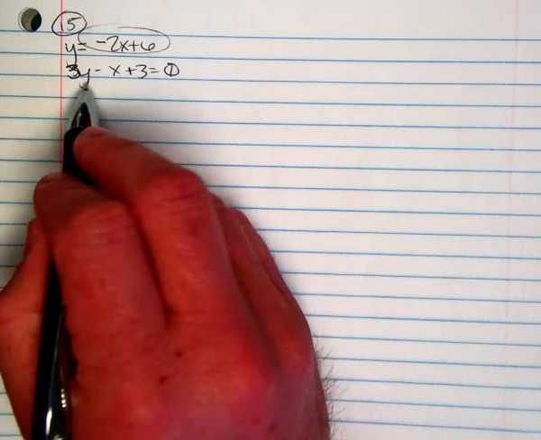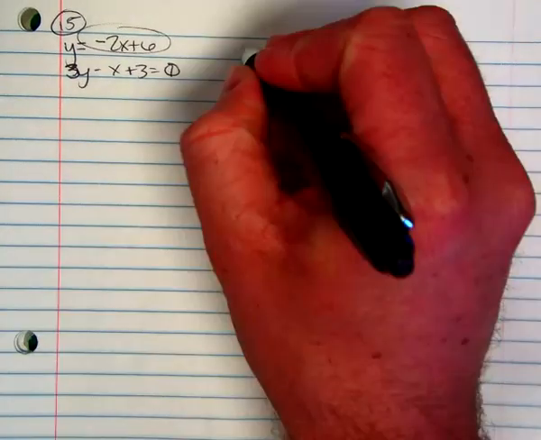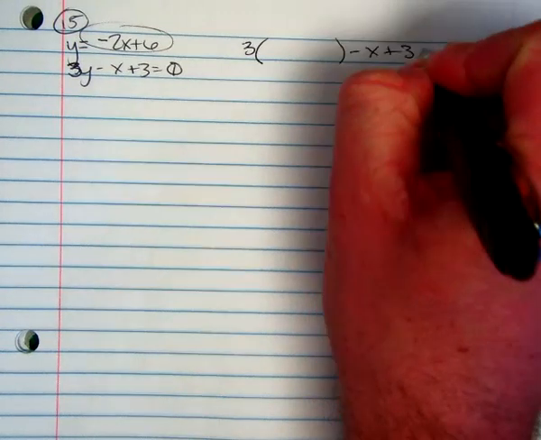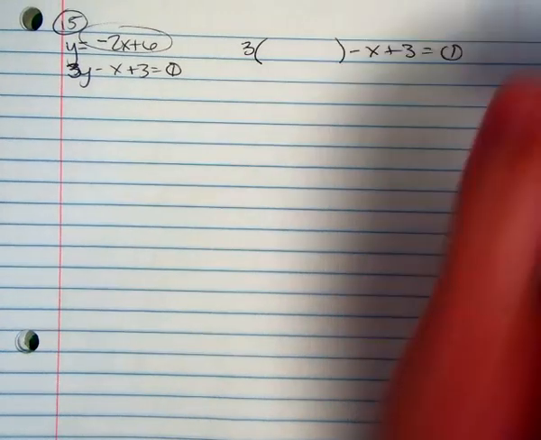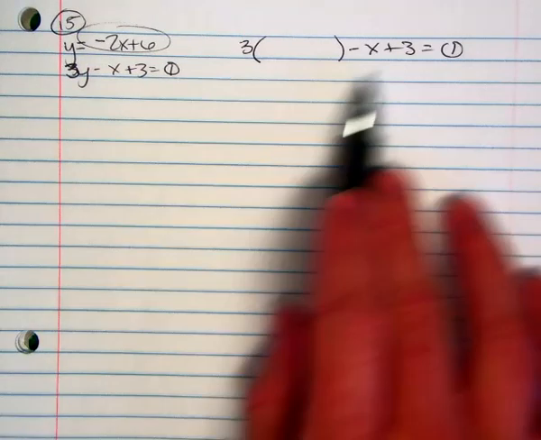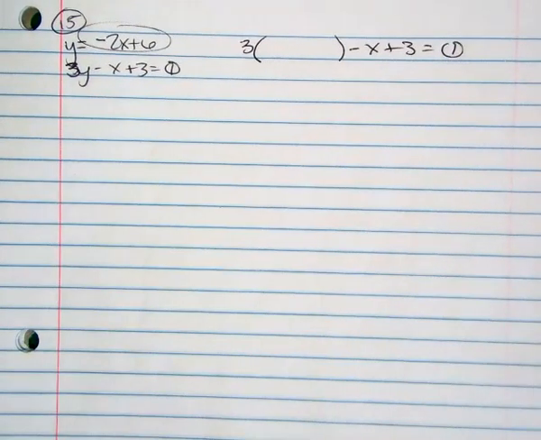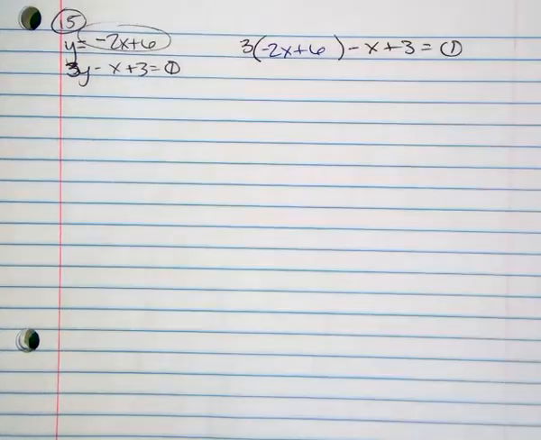So I'm going to take this second equation, but replace y with what's in the first equation. Everything in this second equation is exactly the same, but instead of y, I'm going to write what y is. Y is this. So negative 2x plus 6.